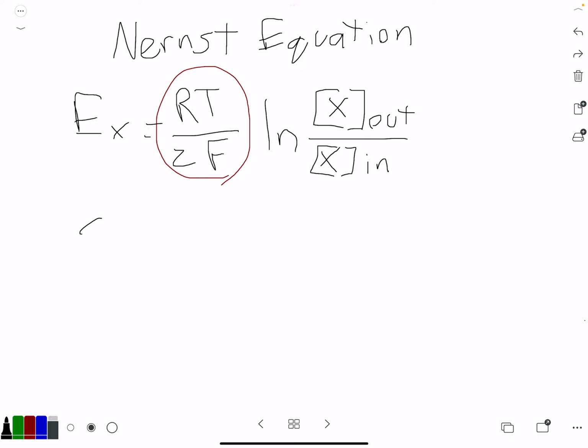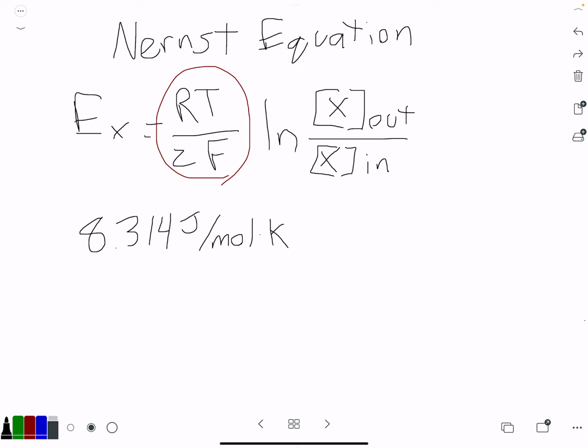The gas constant is 8.314, and the units for that are joules, which is a measurement of energy, per moles Kelvin. So it's the amount of energy in a certain amount of something at a certain temperature. And of course our temperature, for this equation, is the absolute temperature, so we're using the Kelvin scale.